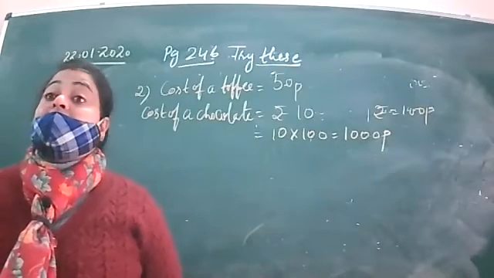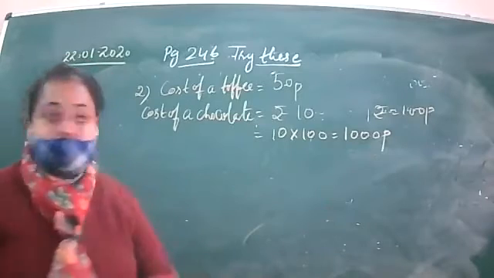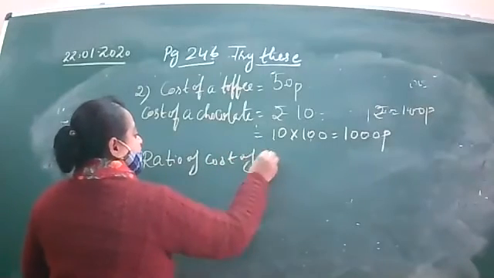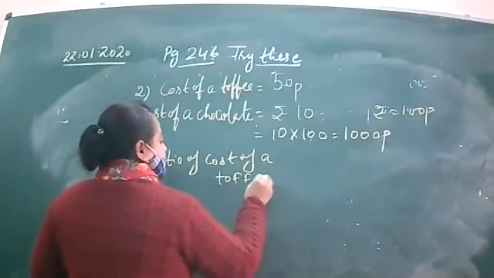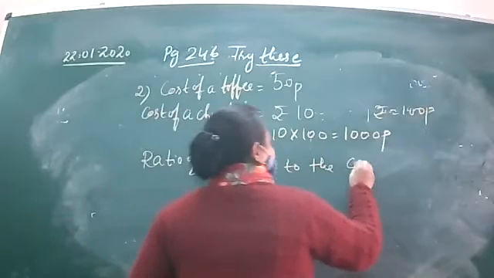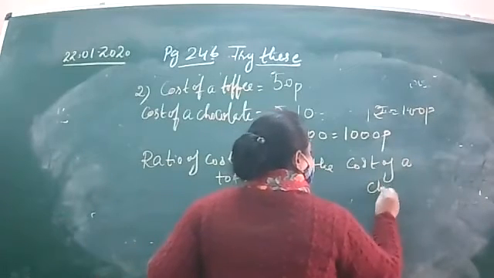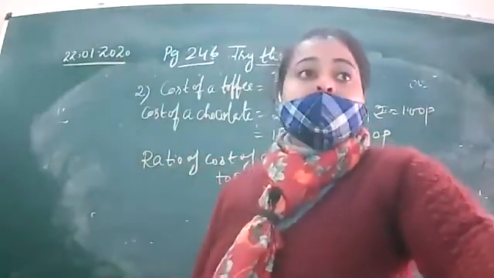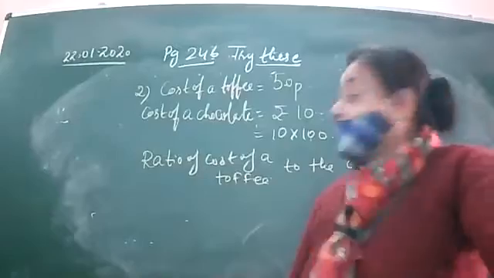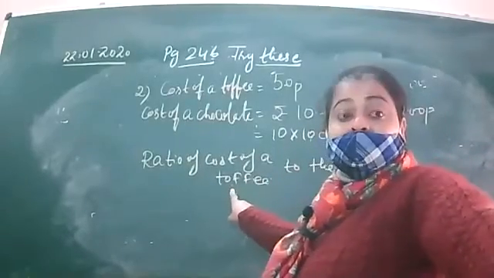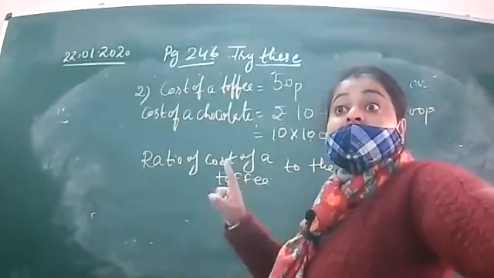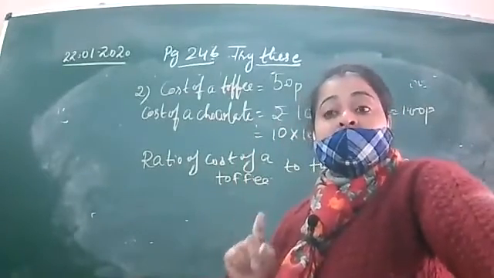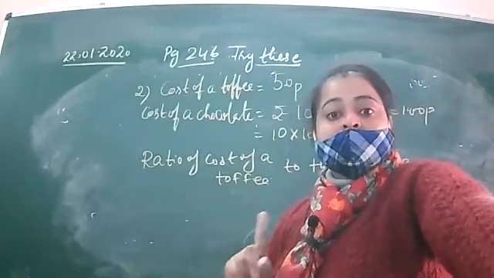The question is find the ratio of cost of a toffee to the cost of a chocolate. Fine. And one thing is very important in this question. If in the book toffee is given first, then you will write toffee first. You will not interchange the position according to your wish.